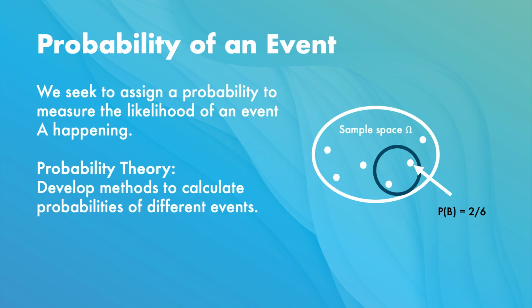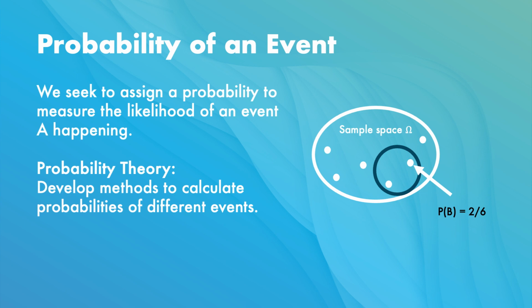So we have talked about events and sample space and experiments, but we didn't talk about probabilities, and the probabilities are the goal of probability theory. That's why it's called probability theory in the first place. So we need to develop methods to calculate probabilities. And where are the probabilities in our examples?